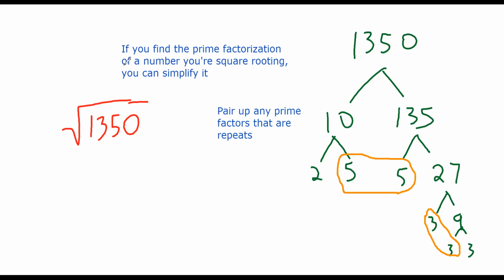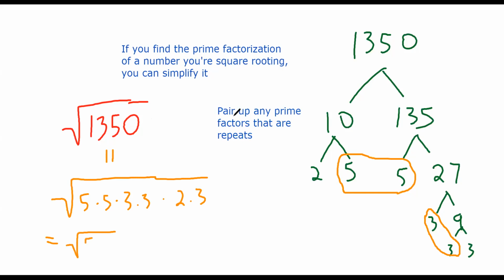So what I can do, I can rewrite the square root of 1350 as 5 times 5 times 3 times 3 times the leftovers, which is 2 times 3. And anything that's paired up like this, I can branch them off into their own square root houses.